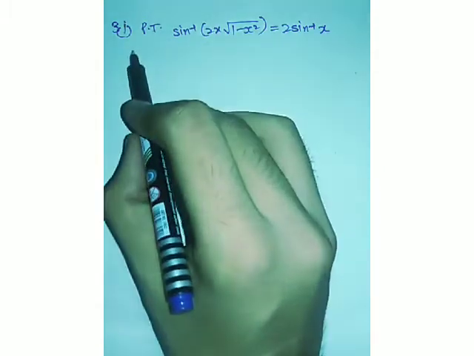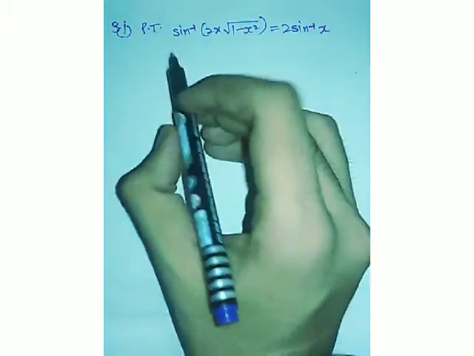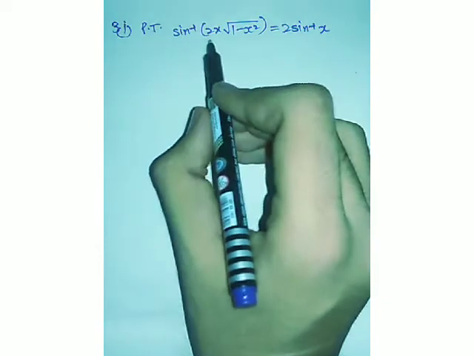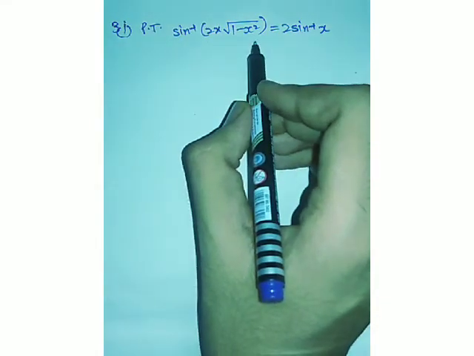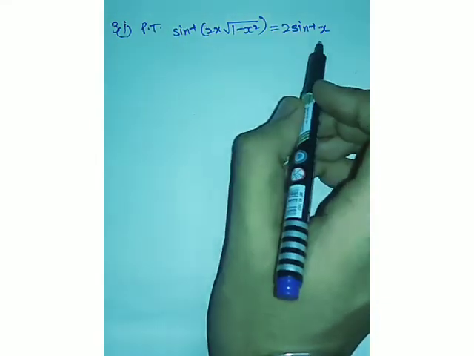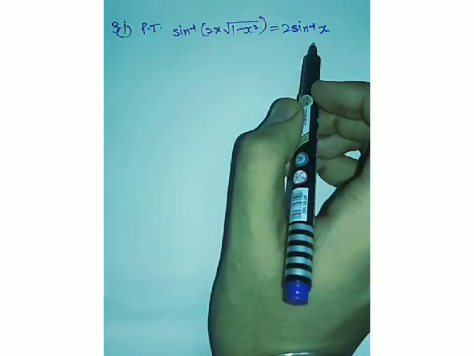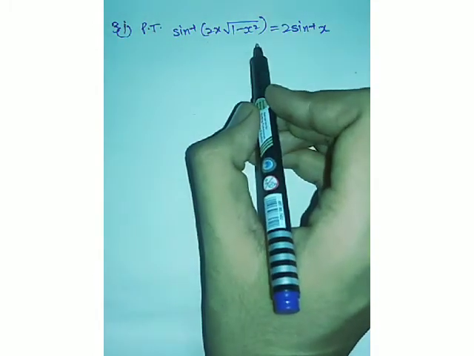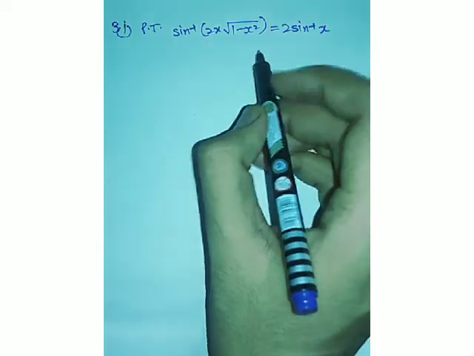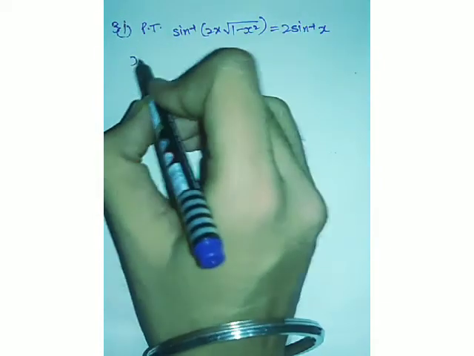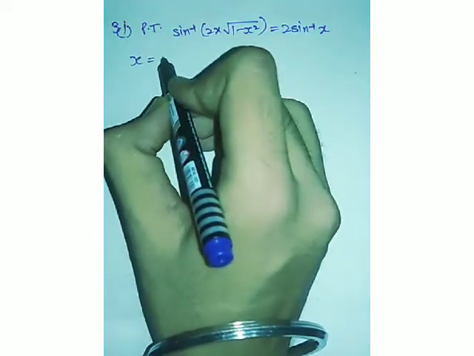Here is our first sum of the third example. In this, we have to show that sine inverse of 2x under root 1 minus x square is equal to 2 sine inverse x. So in this, you have to substitute x with a trigonometric function, and you have to take it as sine theta.